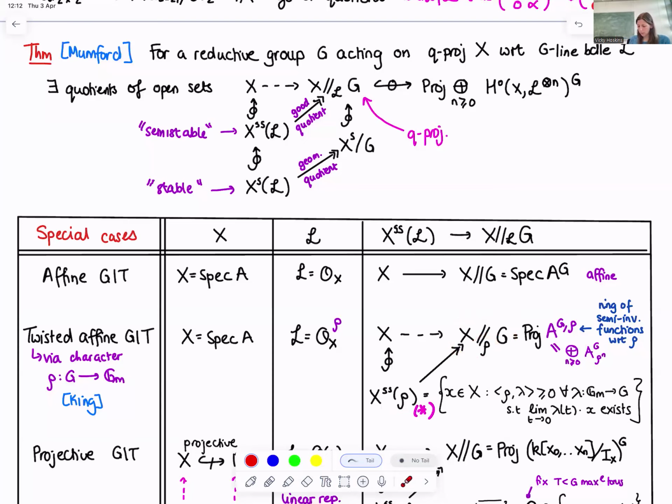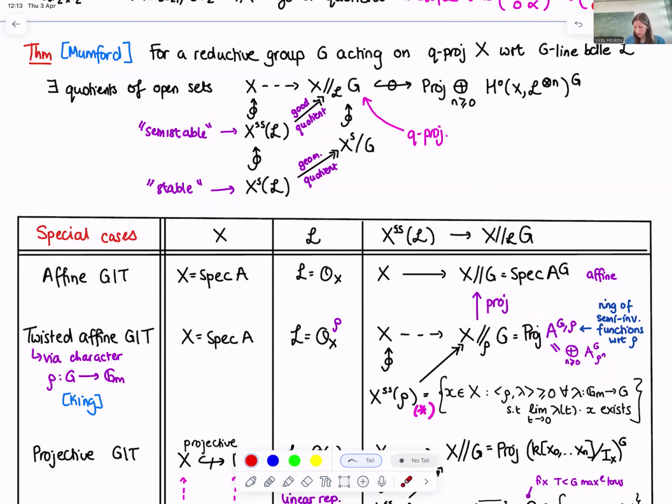Well, it actually turns out to be projective over the affine GIT quotient, and it's Proj of a ring of functions which are, rather than invariant, semi-invariant with respect to this rho. And this is a graded ring, so it has different pieces depending on what power of rho you're modifying by.